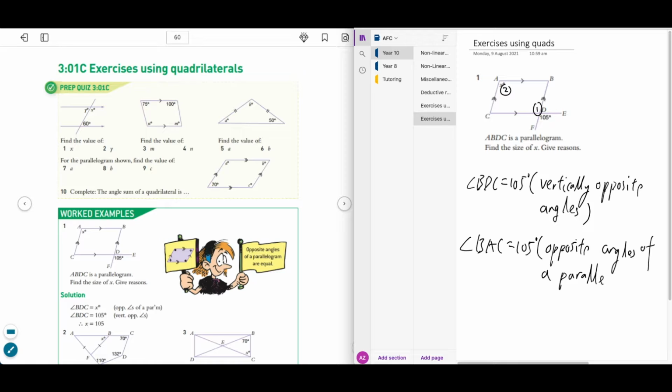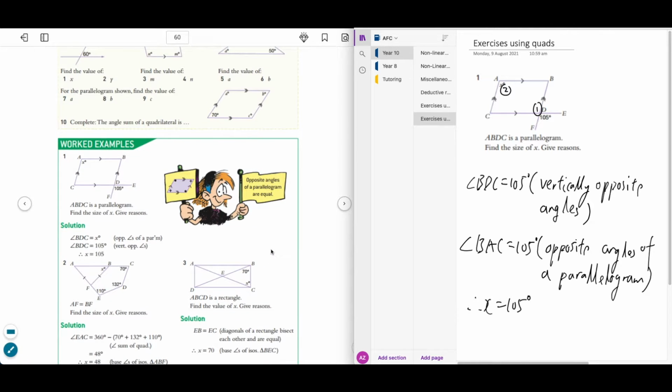Make sure you spell parallelogram right. Then you can say therefore x is equal to 105 degrees because x is angle BAC. So that's how you do a question like this. Make sure you structure it correctly. And as you can see, this kid over here is saying opposite angles of a parallelogram are equal. So make sure you remember this. It will save you a lot of reasoning.